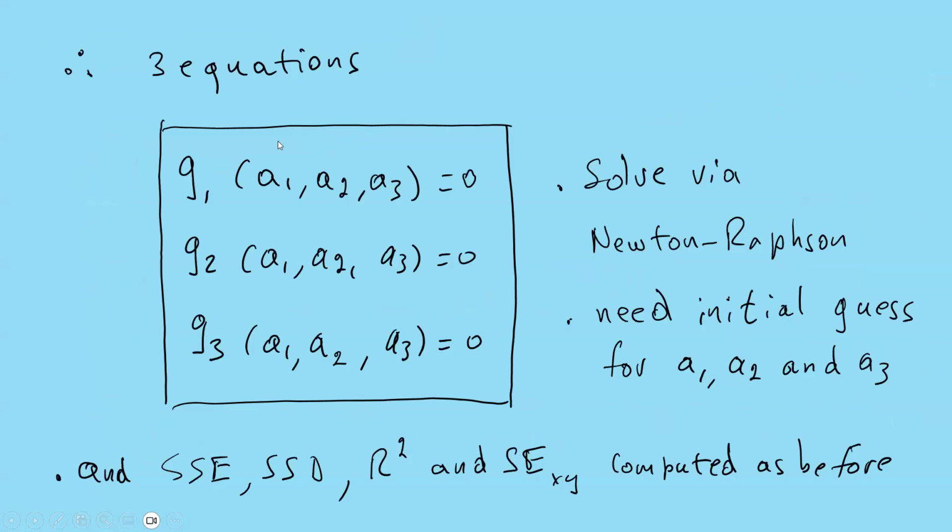We solve these three nonlinear equations by the Newton-Raphson method, and we need the initial guess for A1, A2, and A3. And again, once we find these three coefficients, we will check the R square or correlation coefficient and standard error. Look at the previous examples.